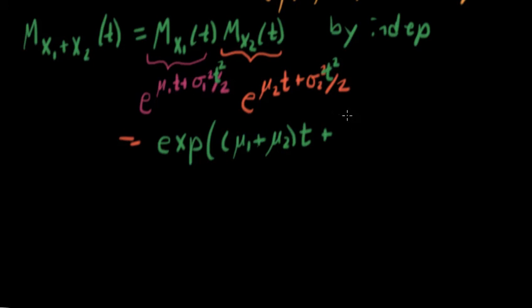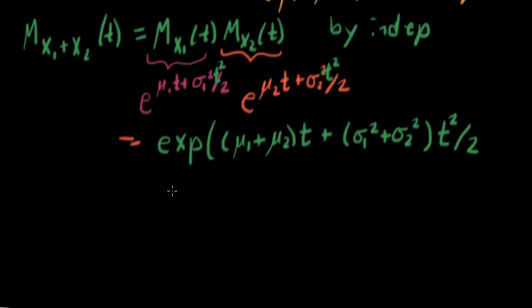So plus sigma 1 squared plus sigma 2 squared, t squared over 2.